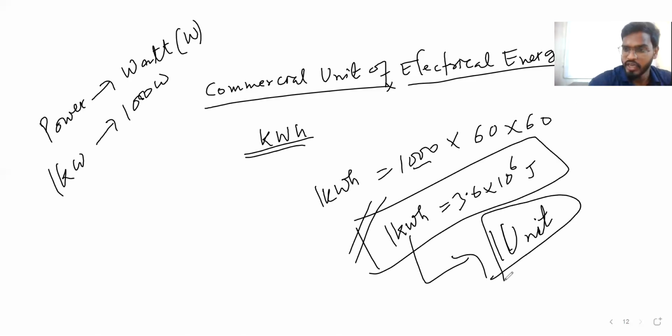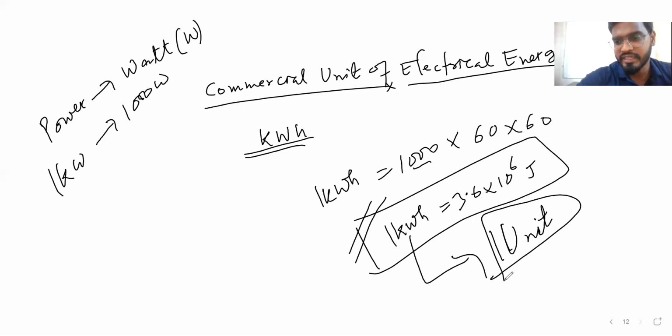Correct? When you are using 1 kilowatt hour, that is 3.6 into 10 to the power of 6 joule of energy, we are using, then we are paying for 1 unit, like 6 rupees, 10 rupees, 7 rupees, whatever that we are paying. So kilowatt hour is what? Commercial unit of what? Energy.